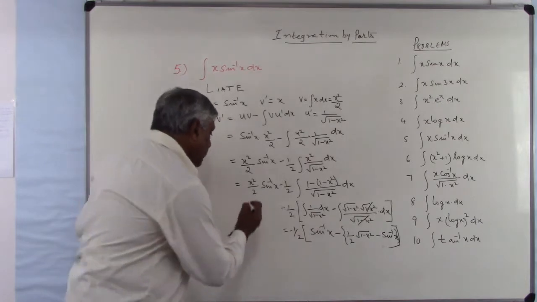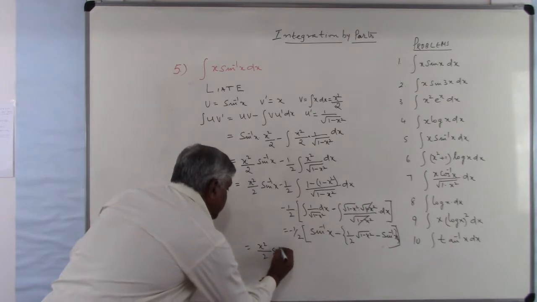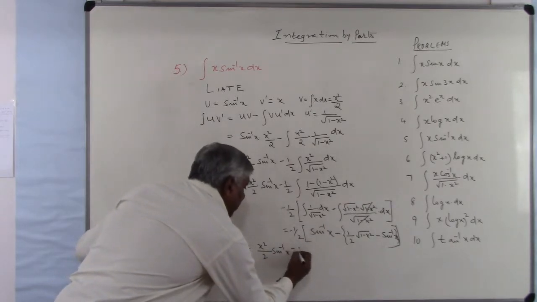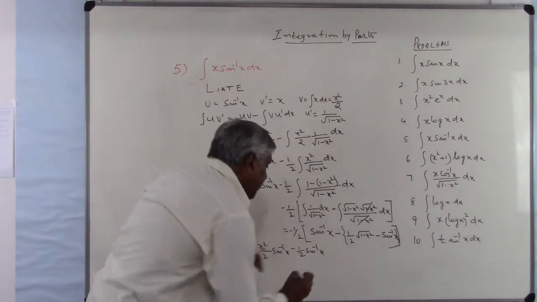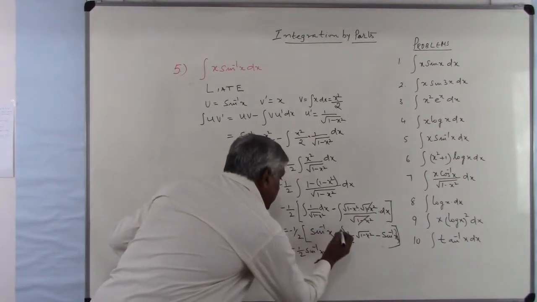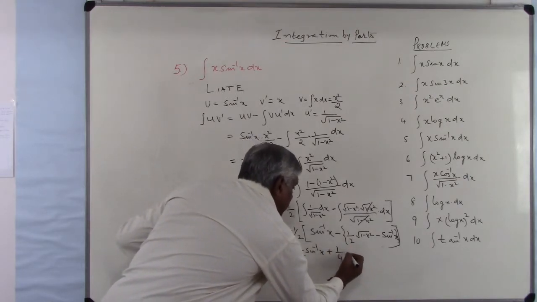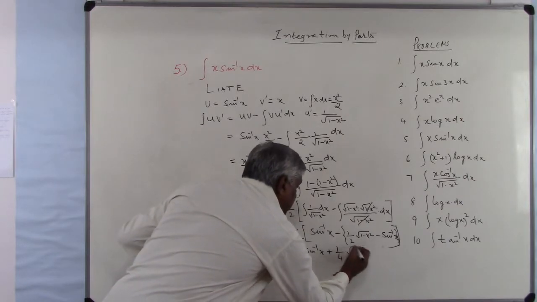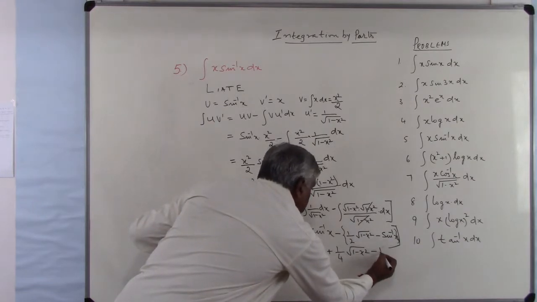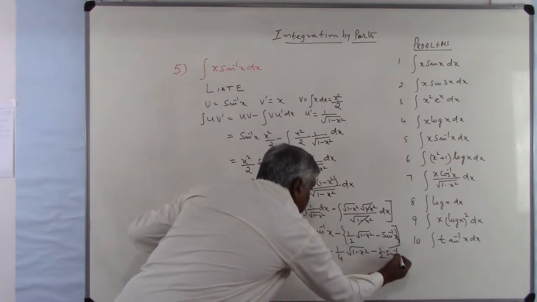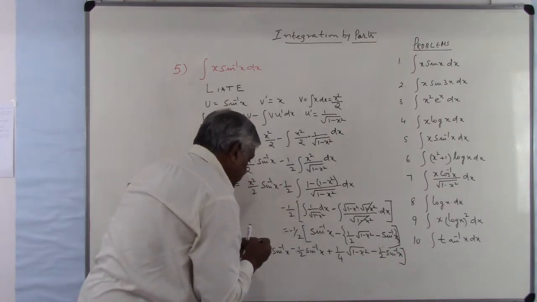So what is the answer here? x square by 2 sine inverse x minus the integral of sine inverse x, minus into minus plus, I am multiplying it, 1/4 root of 1 minus x square minus the integral of sine inverse x. So this is the answer for this problem.